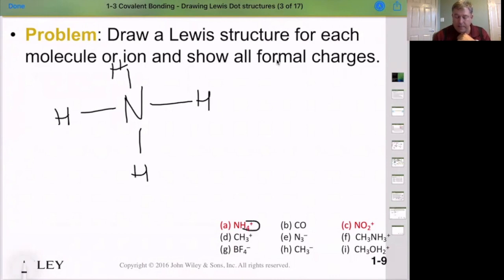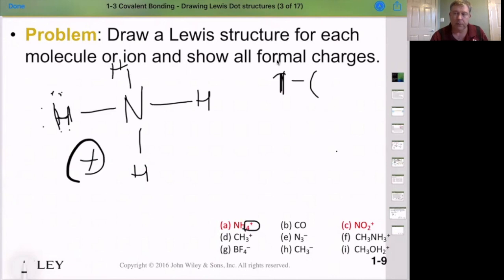And it says it has a positive charge here. So where is the positive charge? That's what we need to figure out, okay? So hydrogen had 1 electron right here. And we're going to subtract the number of unbonded lone pairs. How many lone pairs do we have around hydrogen? We have 0 lone pairs. Remember, it only needs 2 electrons, so we have 0 lone pairs. And it's plus 1/2 of the bonded electrons.